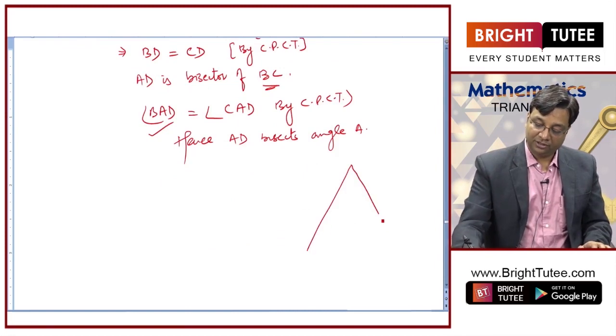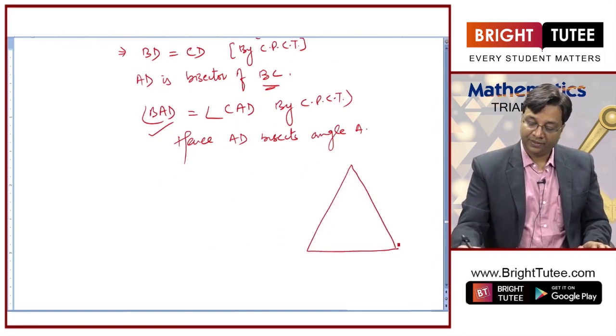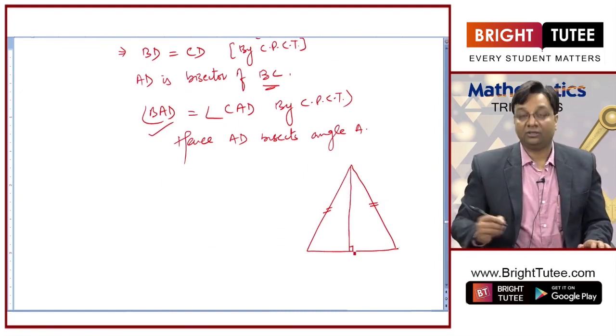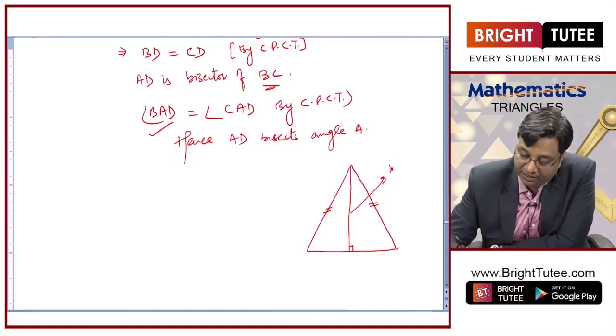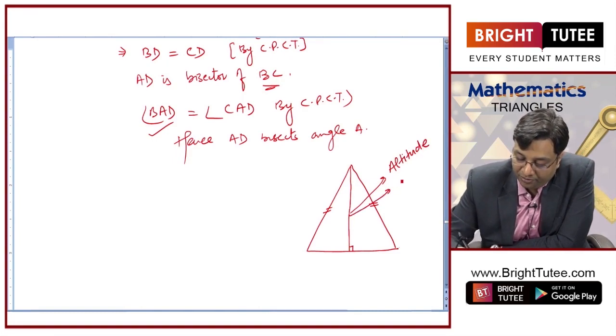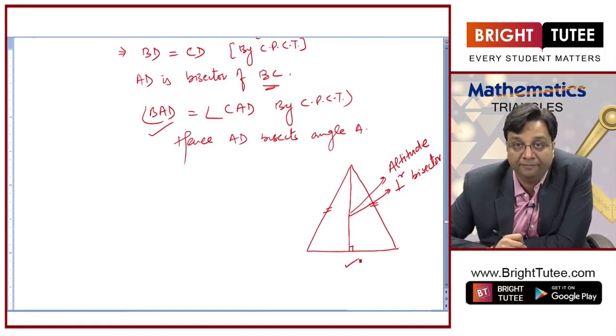Now, what did we learn from it? That if there is an isosceles triangle and these are equal sides, if I drop a perpendicular, if I draw this altitude, it is also perpendicular bisector of the third side.